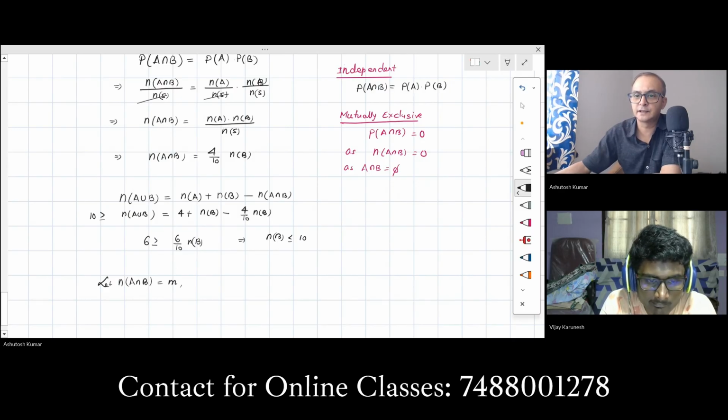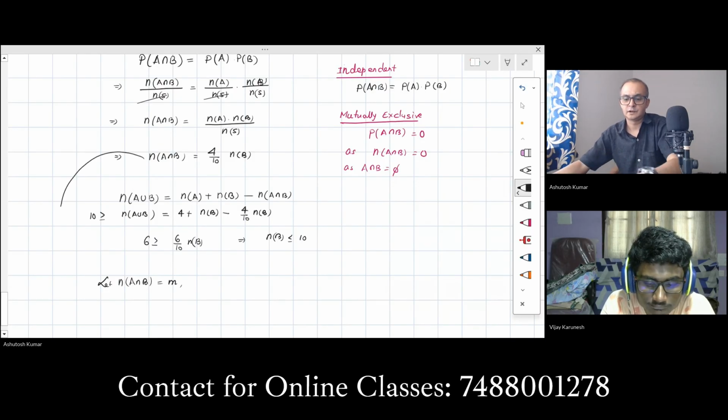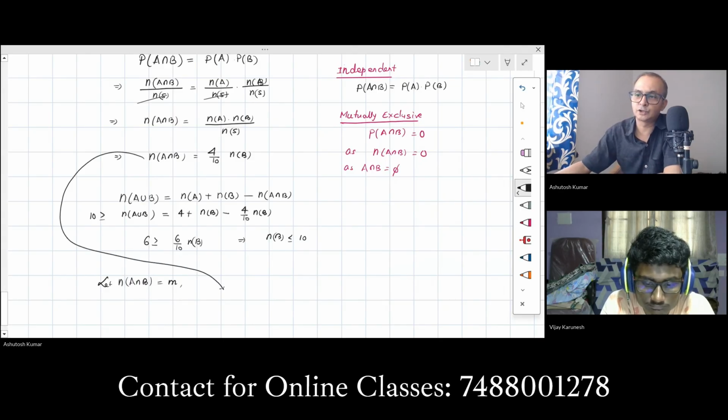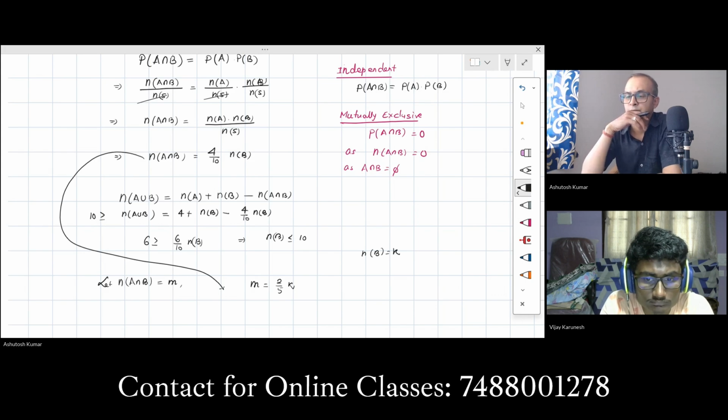So what can we do from here? This is some value m, and this is 2 by 5. And let's say n(B) is k. I'm taking n(B) as some number k. Then can we write 5m is equal to 2k?